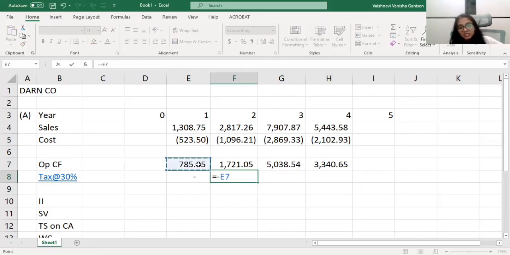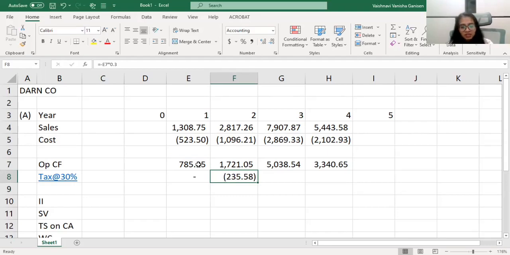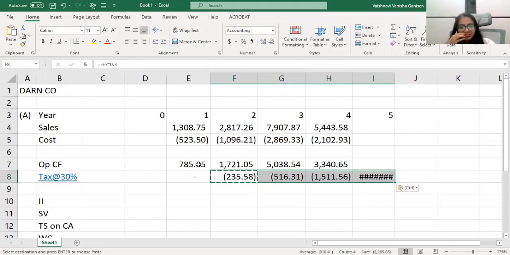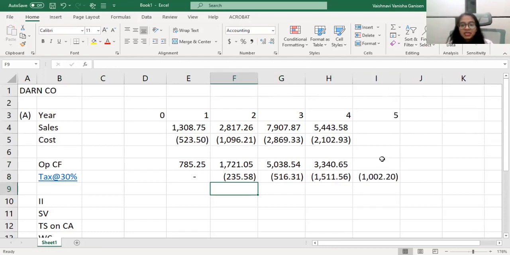Why I put negative is because there is a profit that you make in year 1, so the profit will attract a tax payment. So remember to put the negative sign. Now you just copy this and paste it up to row 5. When you copy and paste, you can use Control C, Control V.